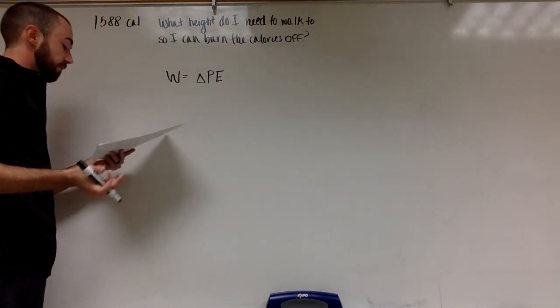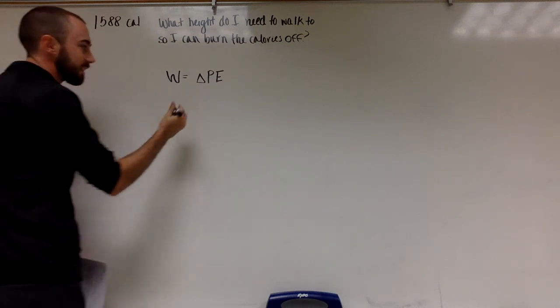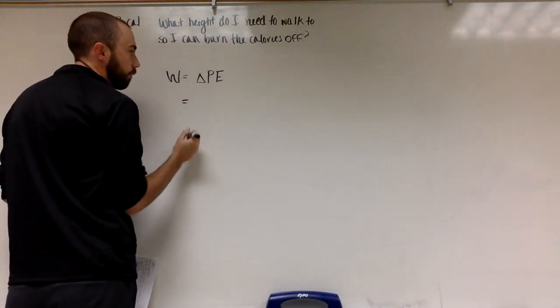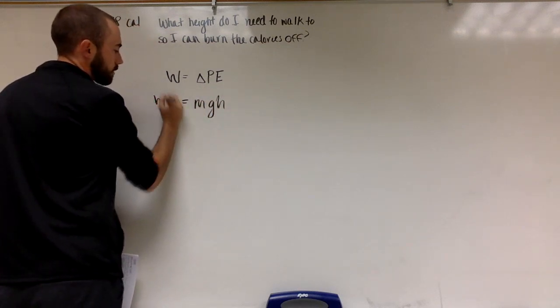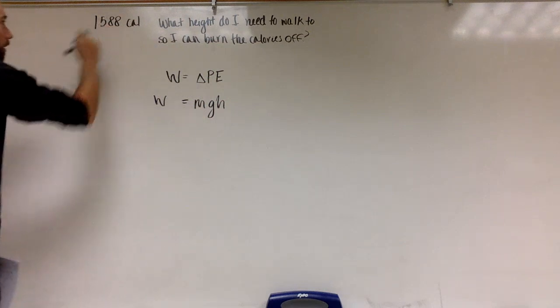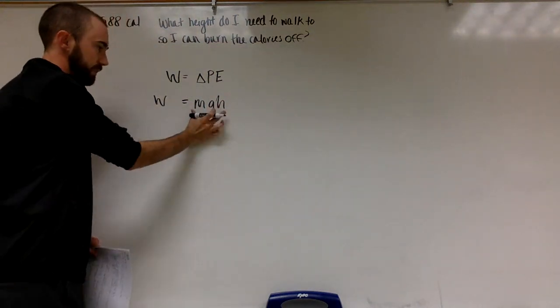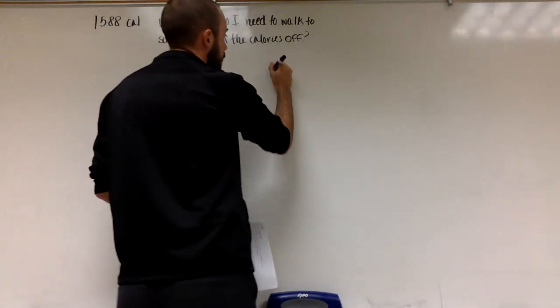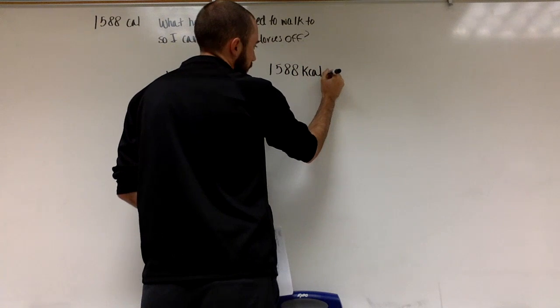And we're back. For me, I am approximately 66 kilograms. For my change in potential energy, that's going to be mgh. Work is over here. I know work, I need to burn off 1588 calories. So first thing I want to do is get everything in joules, since this is going to be calculating in joules. We'll do 1588 kilocalories.